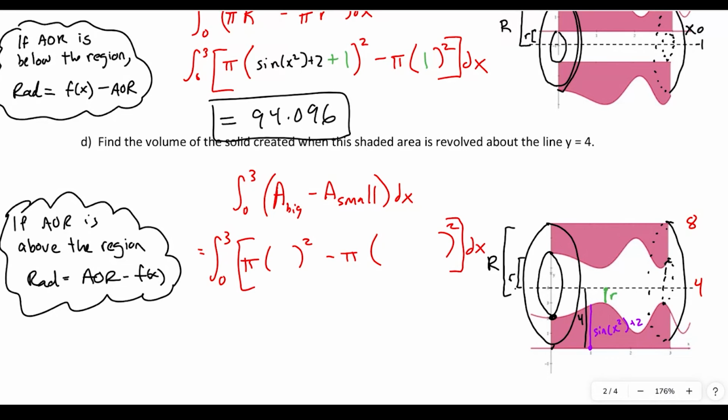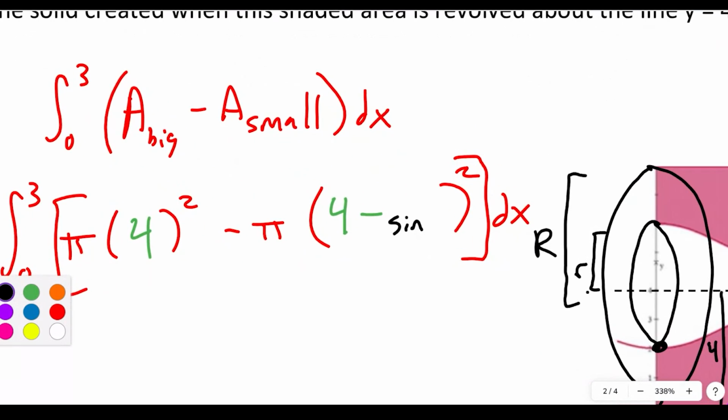Going back to the radii, the large radius from here to here is 4. And the small radius is that leftover distance, 4 minus the function. So 4 minus sine of x squared plus 2.